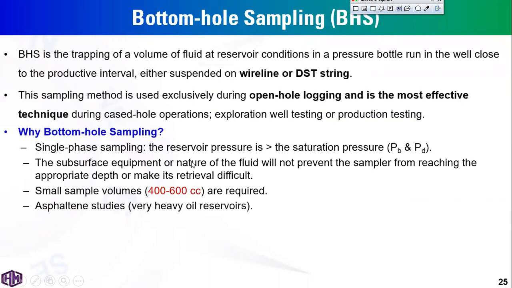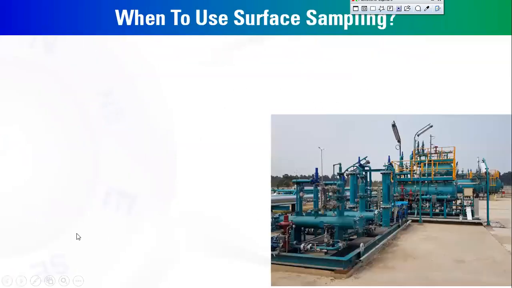It is important if you need to ensure single phase sampling above the saturation pressure, maybe bubble point or dew point. Also, the sample is collected at reservoir conditions, but the sample volume is typically limited to 400 up to 600 cc as the total sample volume.